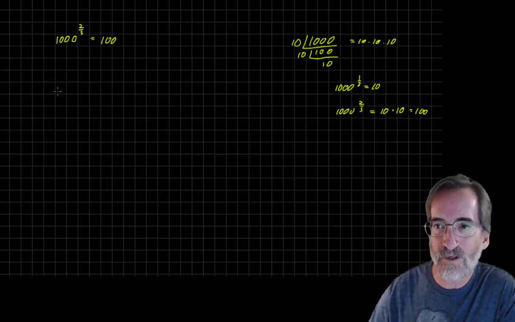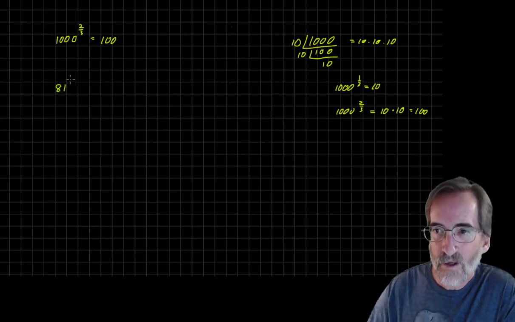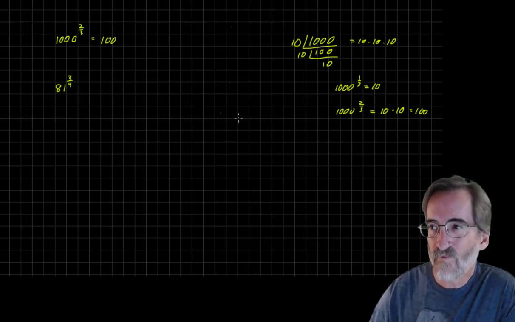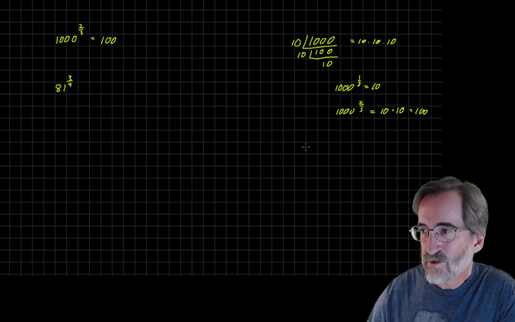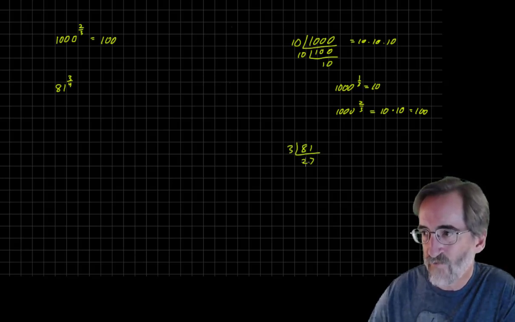Let's try one more example just to make it clear. What if we say 81 to the 3/4? Think the fourth root of 81. So 81 is 3 times 27, which is 3 times 9, which is 3 times 3.